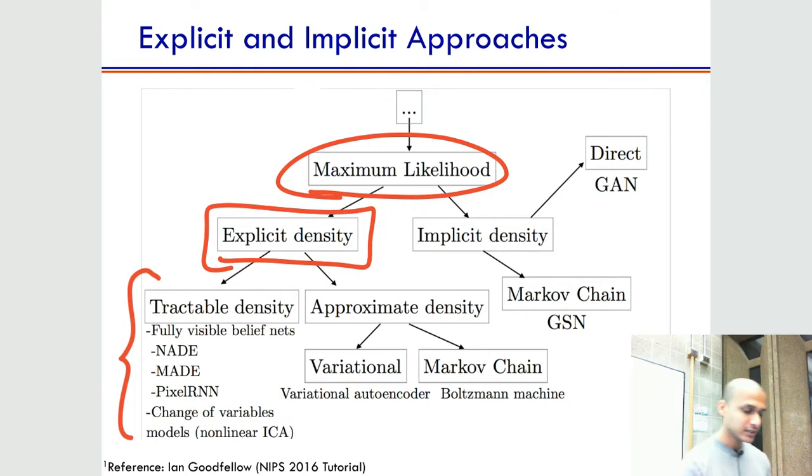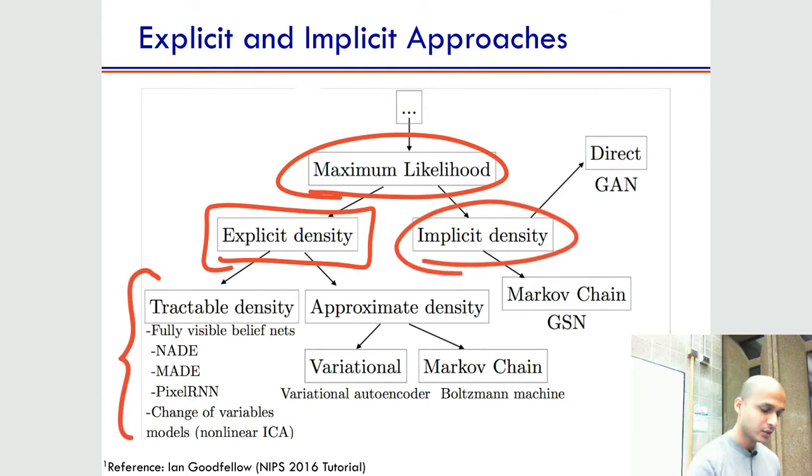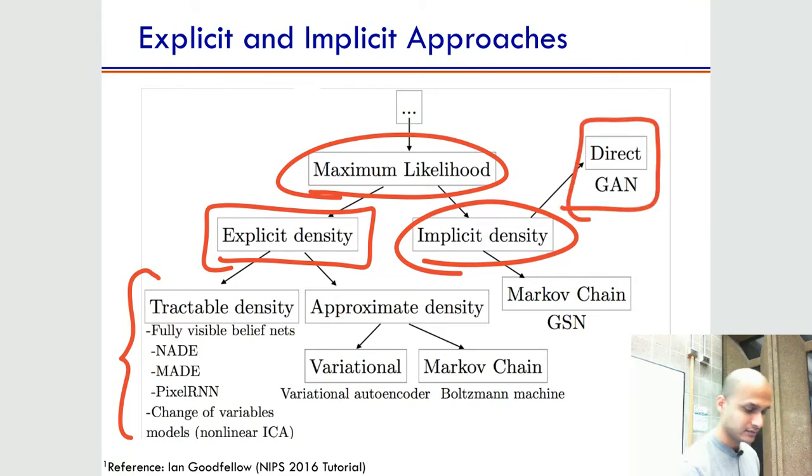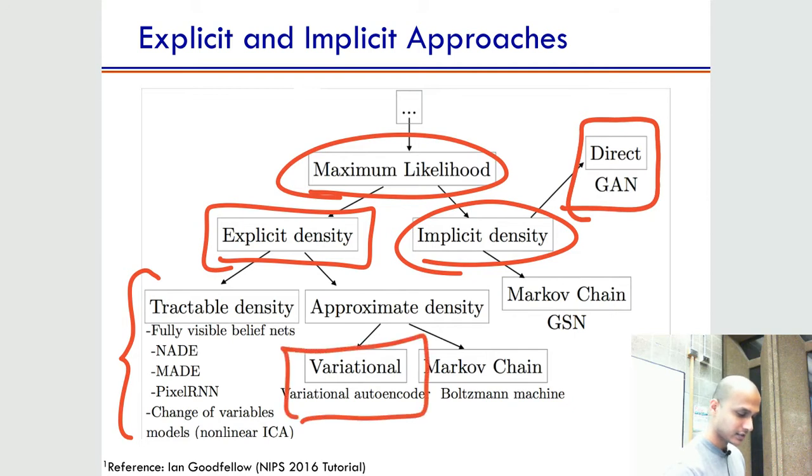What we'll focus on today is doing things implicitly, so getting samples implicitly, and in fact we'll try to do that by using GANs or variational autoencoders, and that's the content of today's talk. There are many other names here actually.